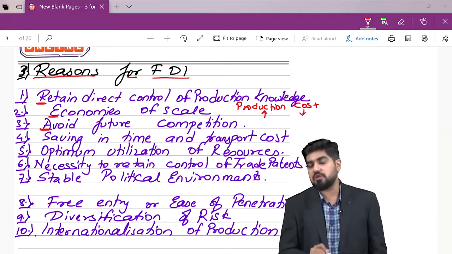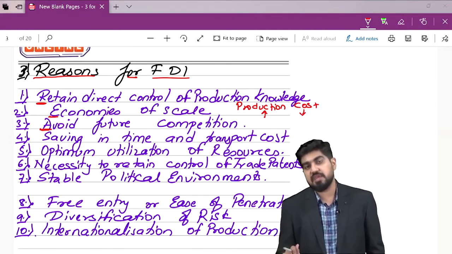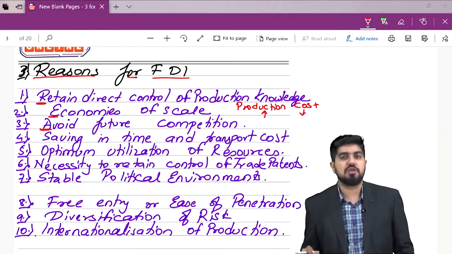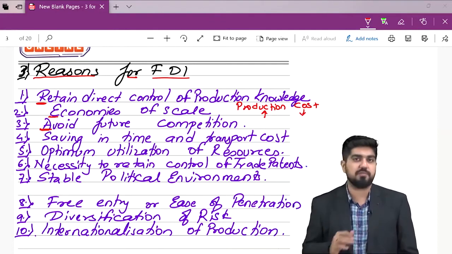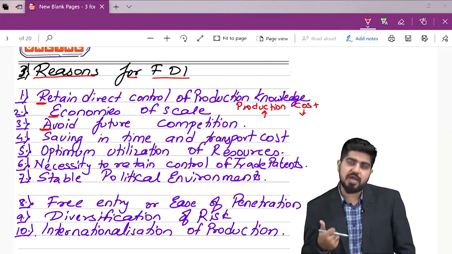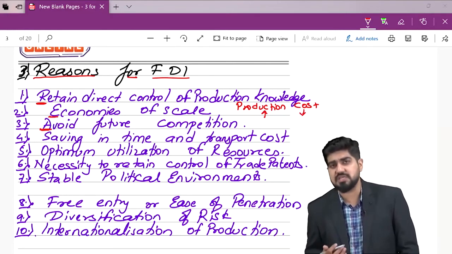Imagine if Amazon would not open its e-commerce business in India, and if you want to order anything from Amazon, the process would be, you will be placing the order in United States of America, and then they will start dispatching. The cost will be high, the delivery will take time, it will be so tedious process.